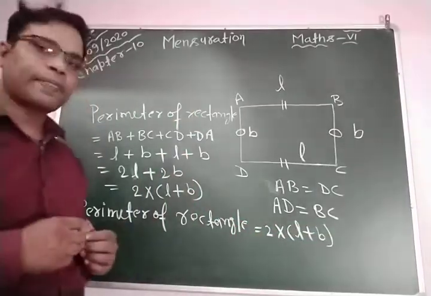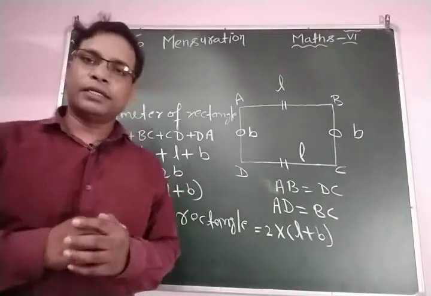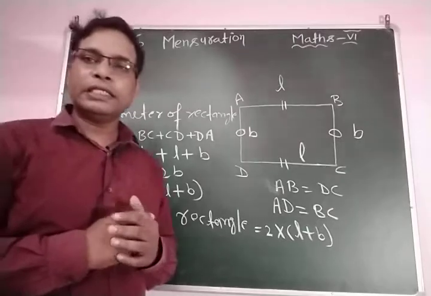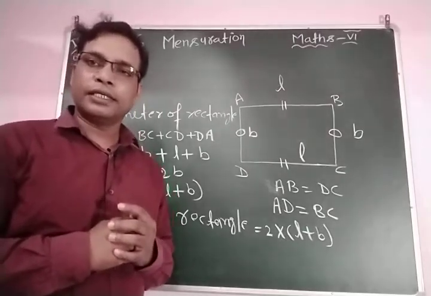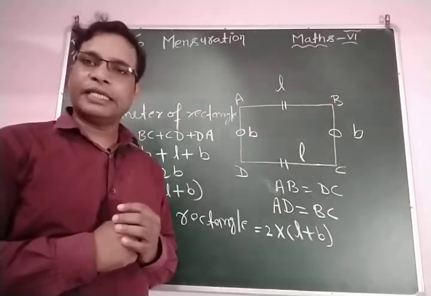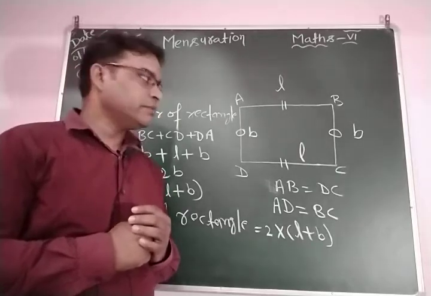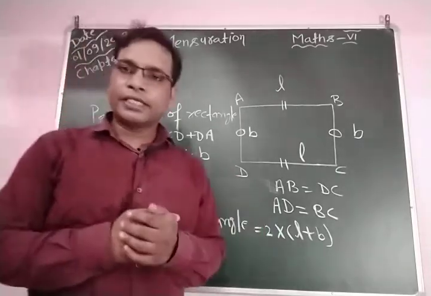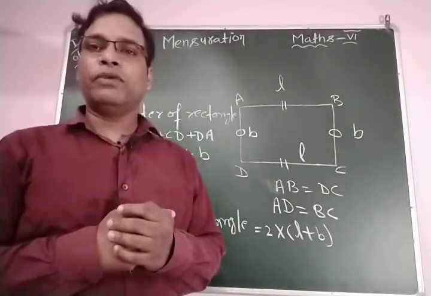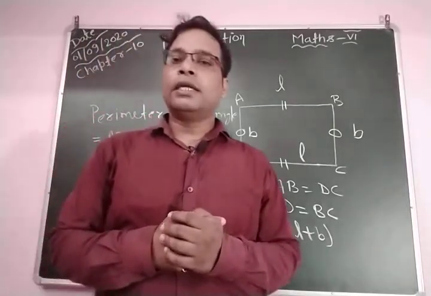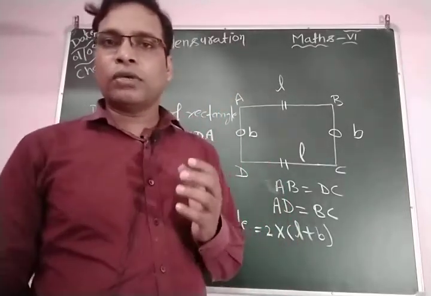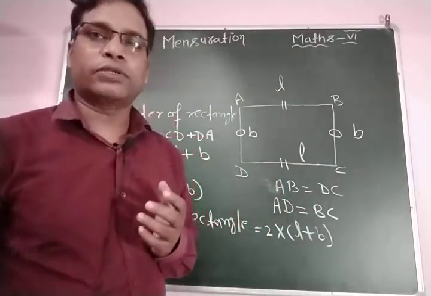With this formula, we can find the perimeter of any rectangle when its sides, meaning length and breadth, are given. Sometimes perimeter is given, length is given, and we need to find the breadth of the rectangle. So let's see how we can solve such a question.